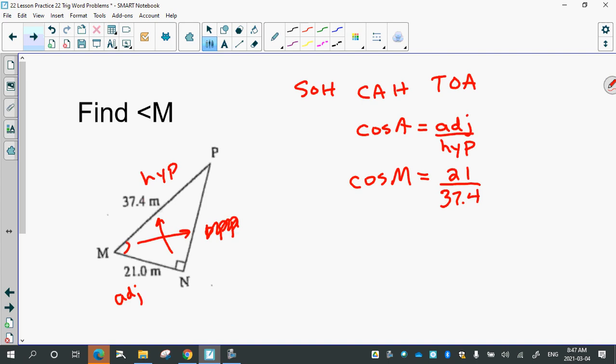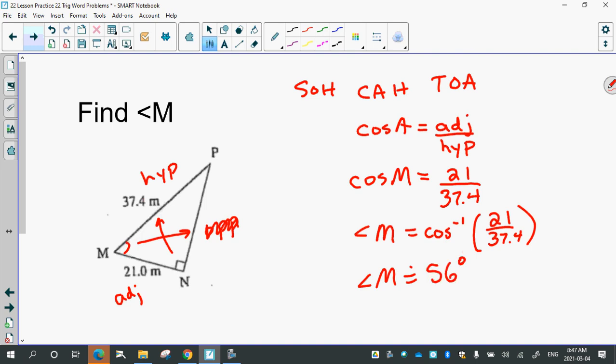And that is by doing cos inverse. 56 to the nearest degree. Awesome. Okay, so that's using SOHCAHTOA to find an angle.